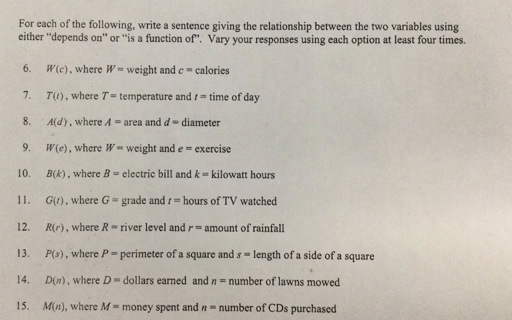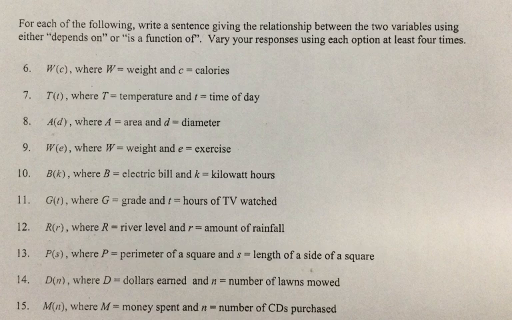So what we're going to do then is write a sentence for each of these. Last class I got confused. You're writing one sentence for each of these 10 problems. At least 4 of your sentences need to use depends on. At least 4 of your sentences need to use is a function of.